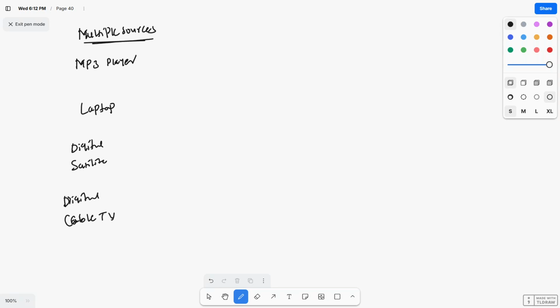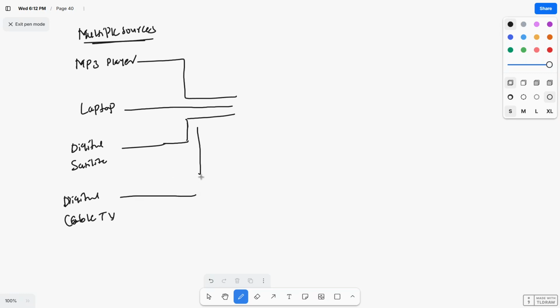These are multiple sources. From these four sources I want to listen to the sound. At a time I can't connect all these sources.